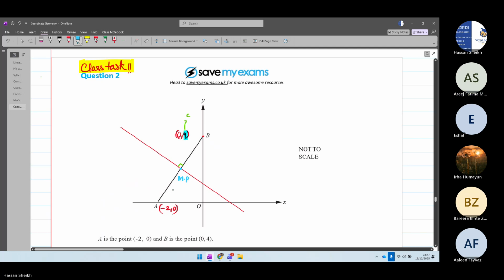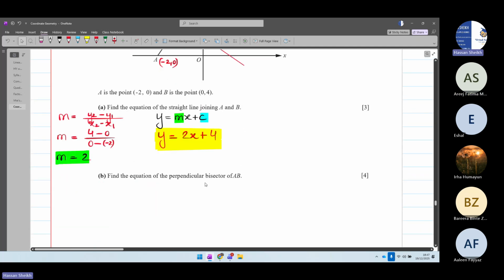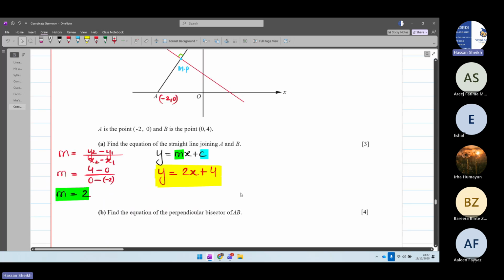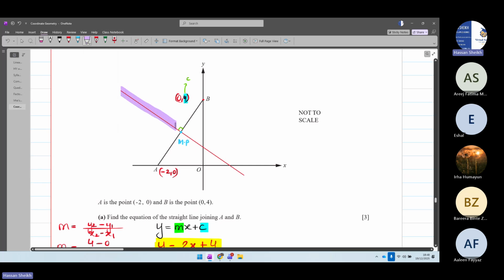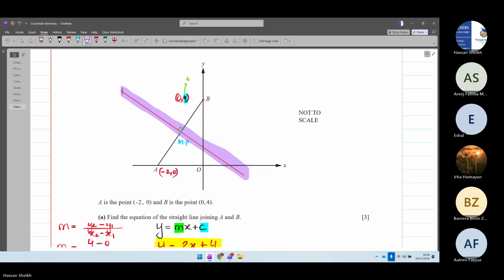And what they want you to do is find the equation of the perpendicular bisector. Do you agree that this purple shaded line is the perpendicular bisector? Yes. We have nothing here. We have no information. We don't have any point on that line. We don't have the slope of that line.